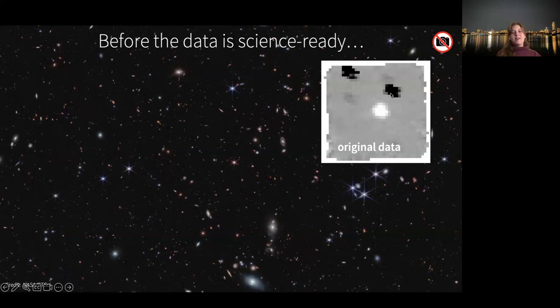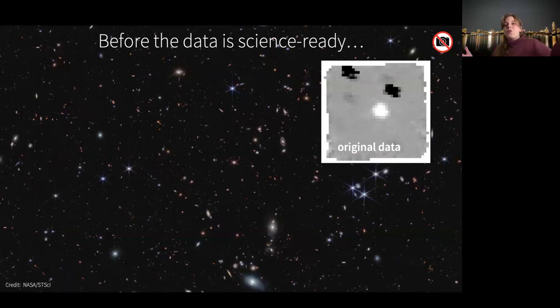And then you can see these smudges over here. Now, when I just opened the data, I saw these and thought, okay, these don't look real. It turns out these are actually artifacts of the instrument.